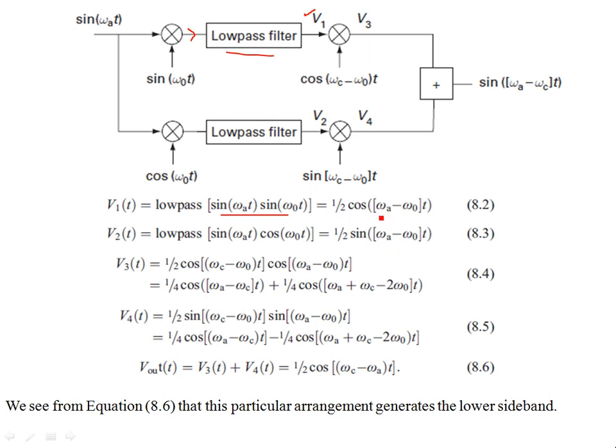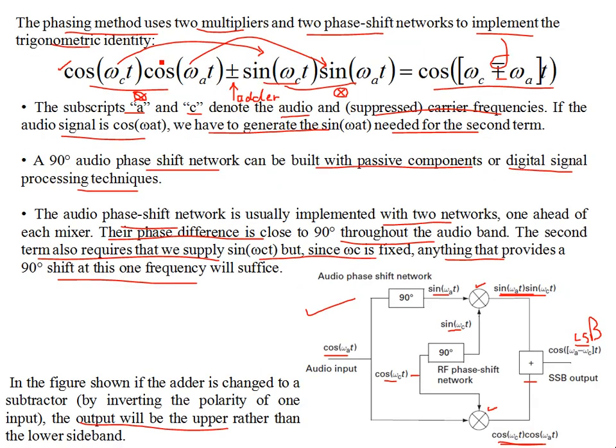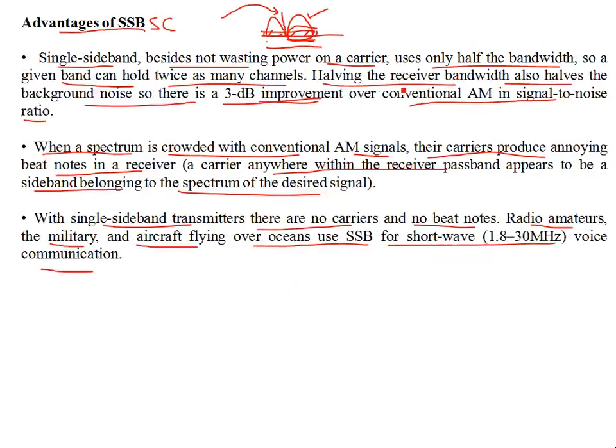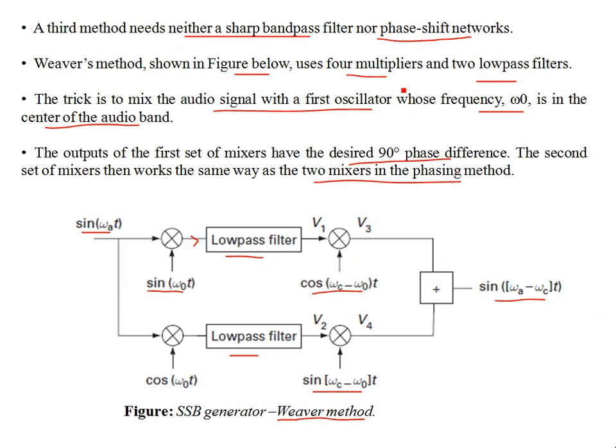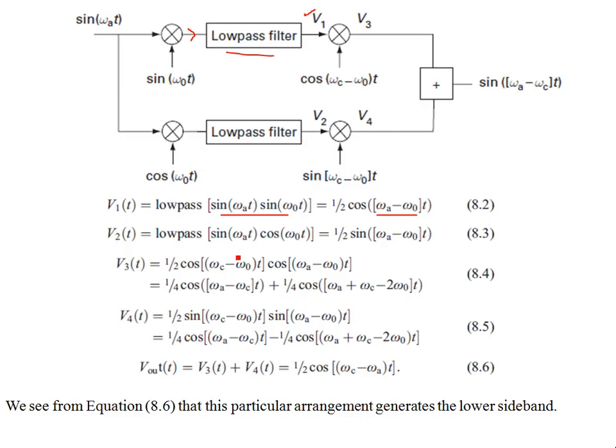So the lower frequency component is the lower sideband, omega A minus omega naught, right? Then you expand this trigonometric identity just like before. You have two sines, and if you expand them, they will be cosine terms having sum and differences. So the only difference is the lower part is selected by the low pass filter.